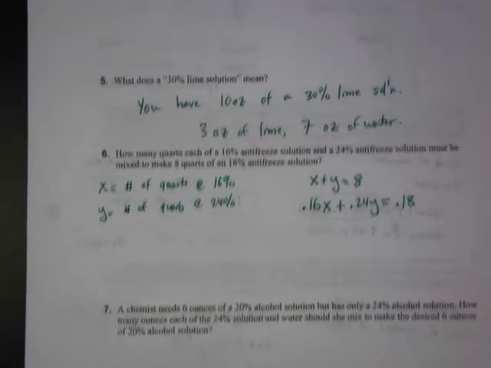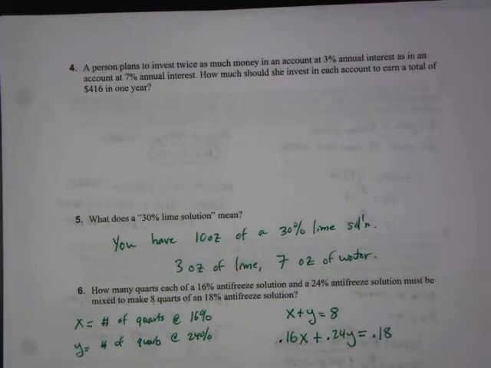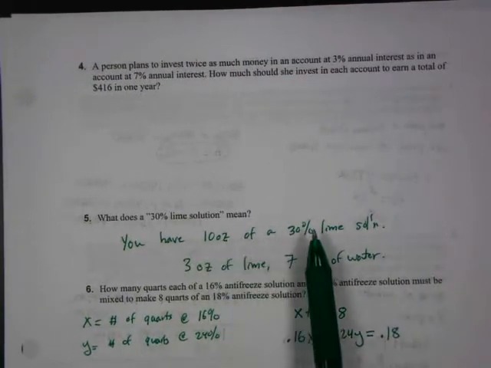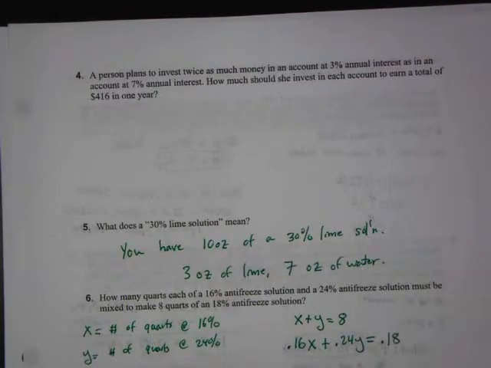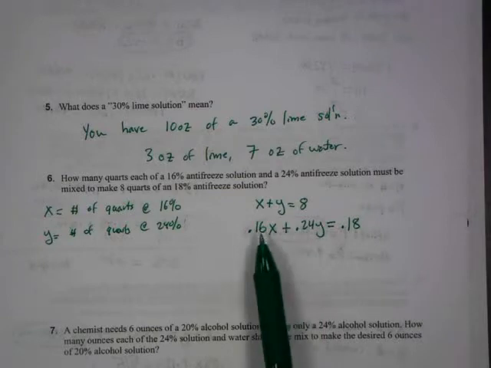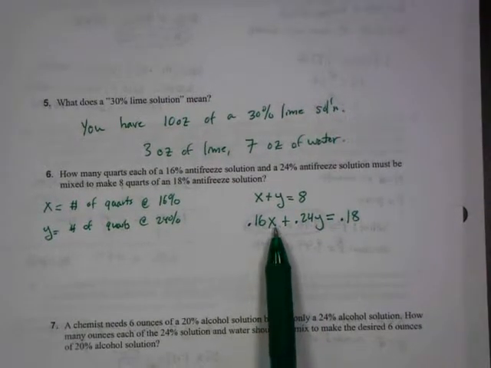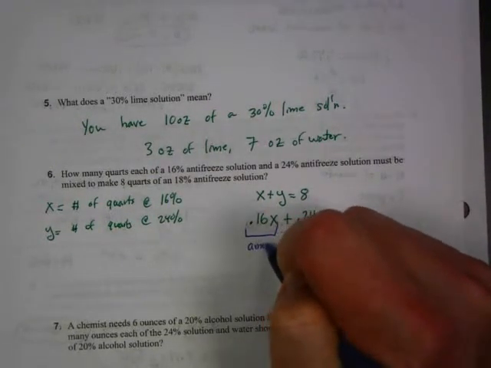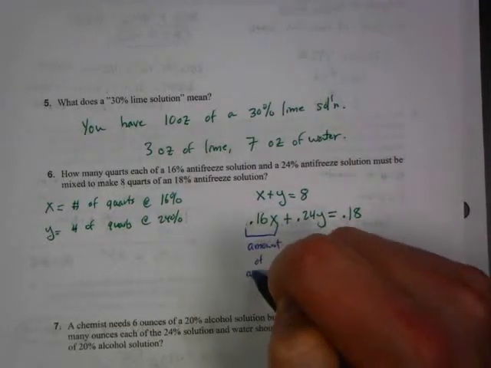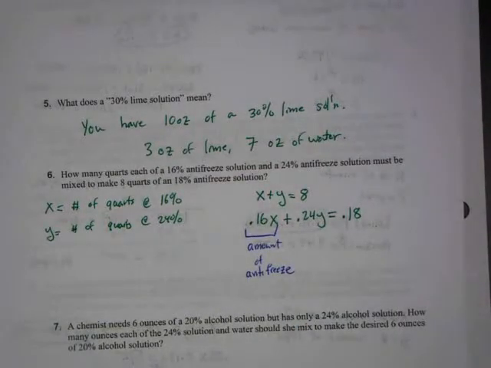Okay, so back up here. When I said you have 10 ounces of a 30% lime solution, we took 10 times 30%, and that gave us 3 ounces of lime, correct? We've done the same thing here. I took the percent, which is 0.16, and I multiplied it by how much I have. What this tells me here is the amount of antifreeze. That's how much antifreeze is in the first solution.